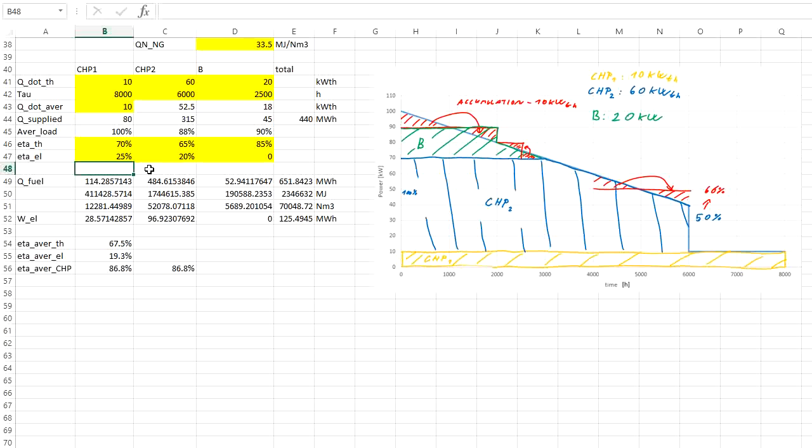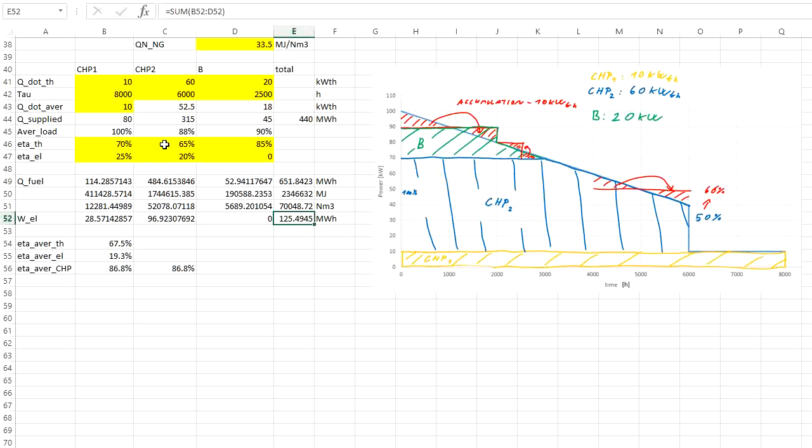So suddenly you have the electrical efficiency overall below 20, and you produce significantly less electricity.